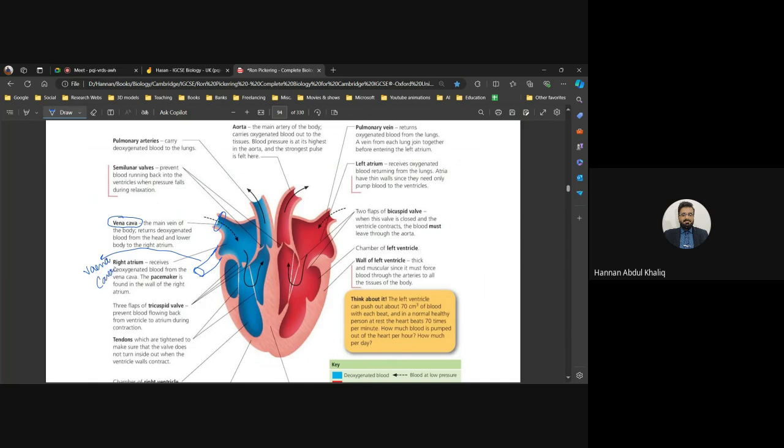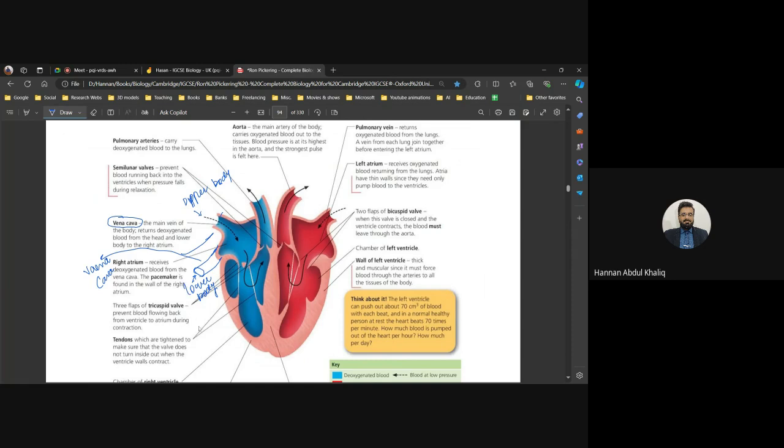This one and this one, both are vena cava. This one is receiving the blood from the upper body. Upper body means brain, arms, shoulders, etc. And this one is receiving from the lower body.